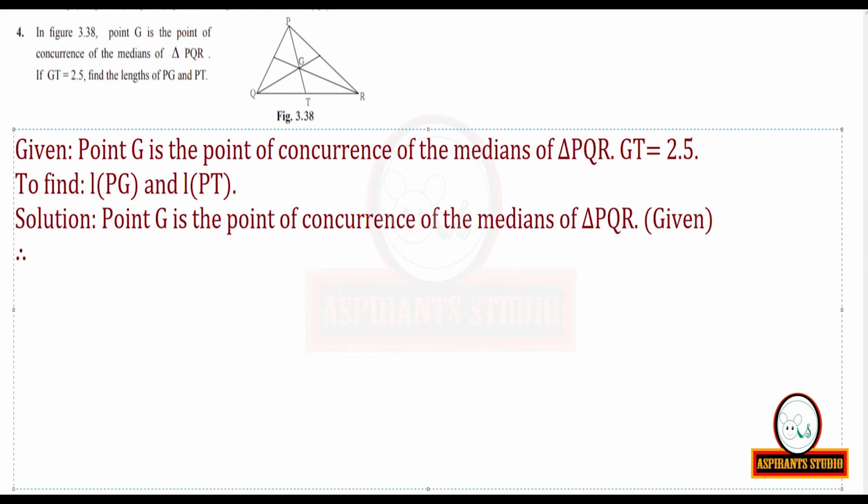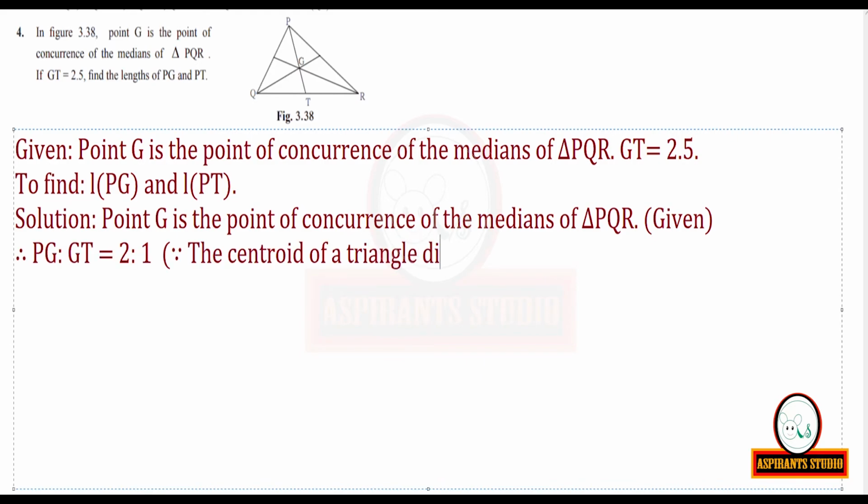Therefore, PG is to GT will be equal to 2:1, since the centroid of a triangle divides each median in the ratio 2:1. The part towards the vertex will be two parts, and the segment near the base, that is GT, is one part. PG is towards the vertex, so two parts.